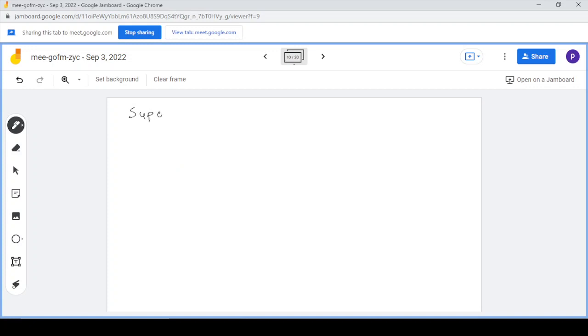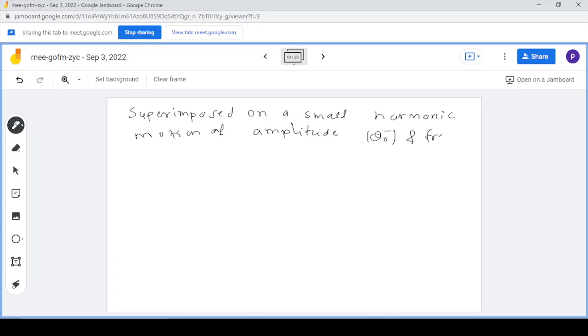superimposed on a small harmonic motion of amplitude theta 0 mod and frequency omega.